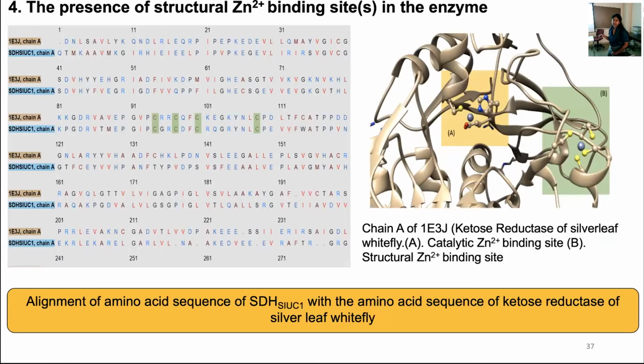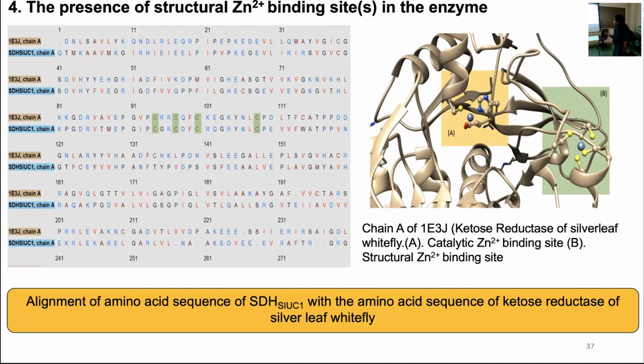So based on this observation, we decided to look for published literature talking about zinc 2+ giving structural stability to SDH-like enzymes. Then we found that there is an enzyme reported, this is ketose reductase from the silverleaf whitefly, that is suggesting the presence of a structural zinc binding site that provides stability to the enzyme.